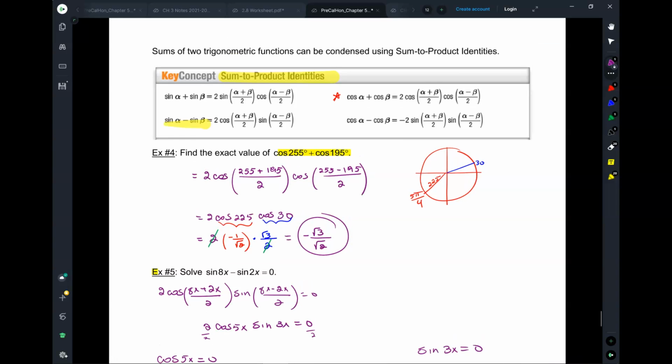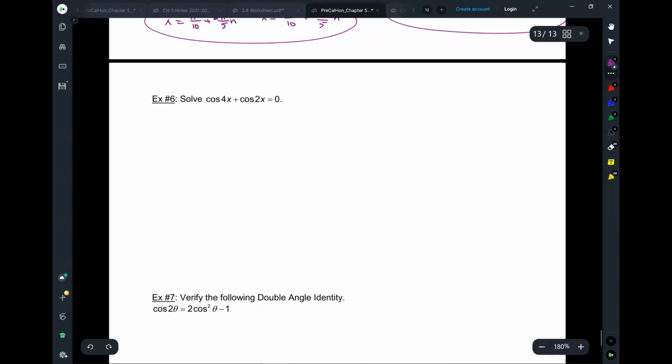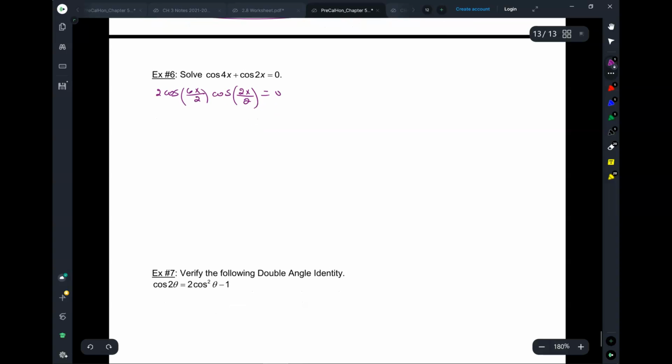Cosine plus cosine, so it's going to be 2 cosine of (a plus b) over 2, which is 6x over 2, cosine of (a minus b) over 2, which is 2x over 2, equal to 0. Okay? So 2 cosine 3x cosine x is equal to 0.